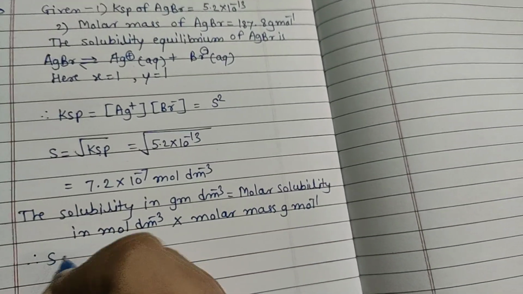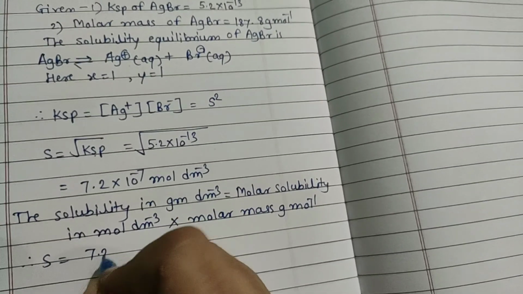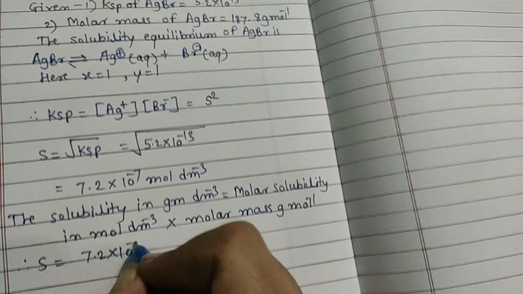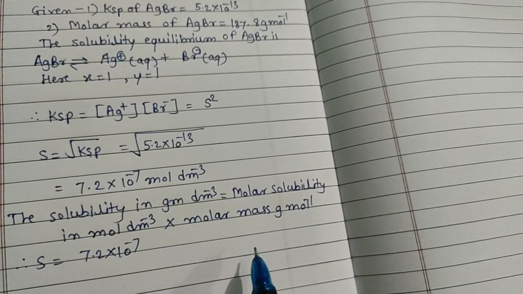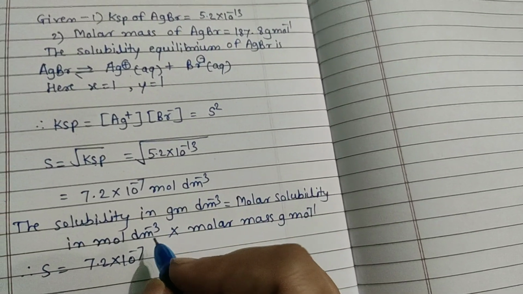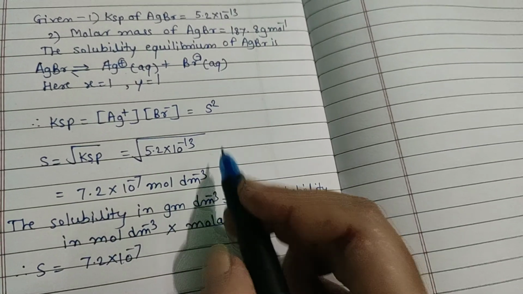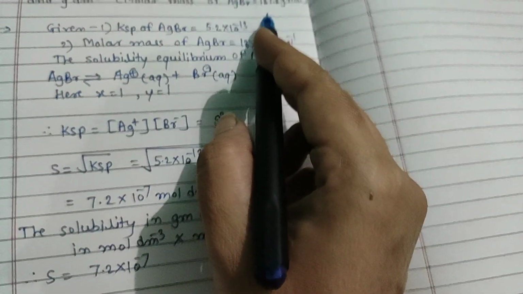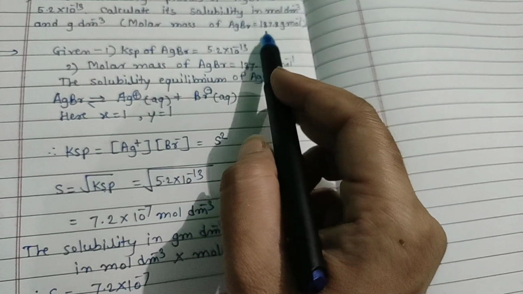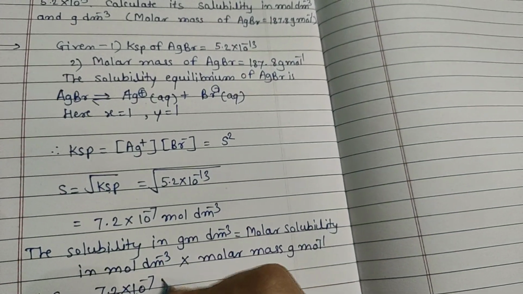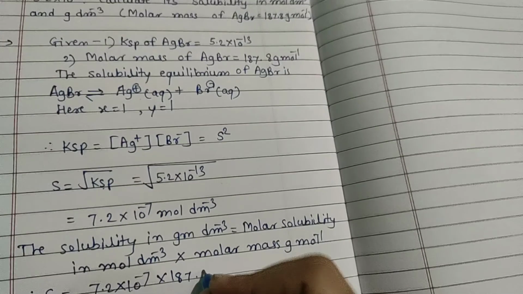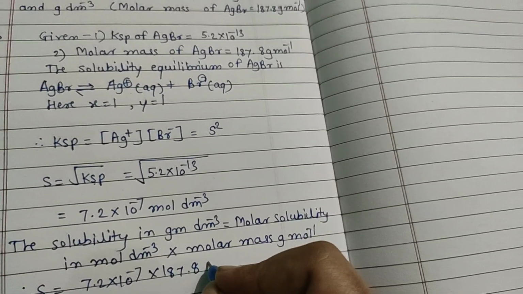Hence we write S is equal to 7.2 × 10⁻⁷. Put the value of S, solubility, times the molar mass given in the problem, that is 187.8.